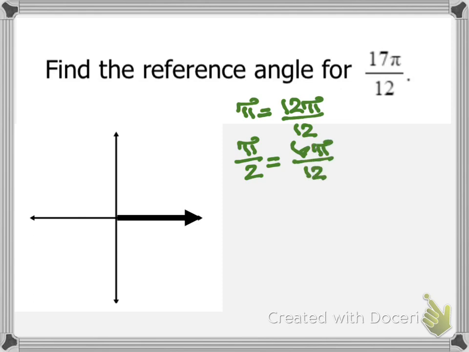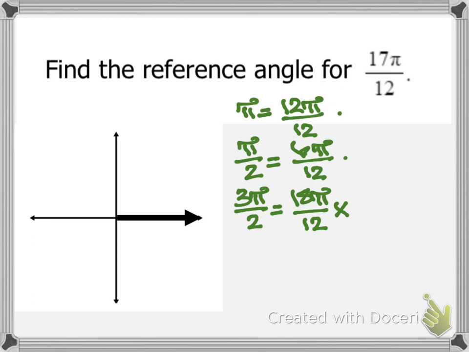And if you want to go a little further, 3 pi over 2 would be, let's see, 12 and 6 would be 18 pi over 12. So I know that I'm passing the first quadrant and passing the second one, but not passing the third one. And so this is 17 pi over 12.